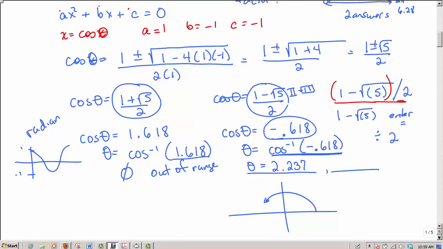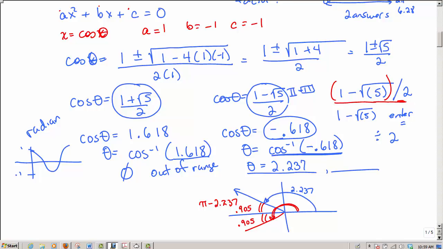So 2.237 is all the way over here, and I need the angle that's all the way over here. So how can I find that? Well, I can go pi minus 2.237. And that gives me about 0.905, and that's my reference angle. So that means this angle down here is also 0.905.